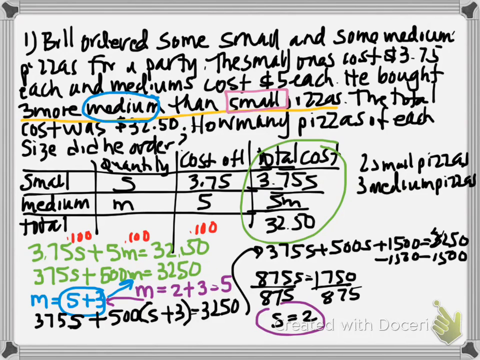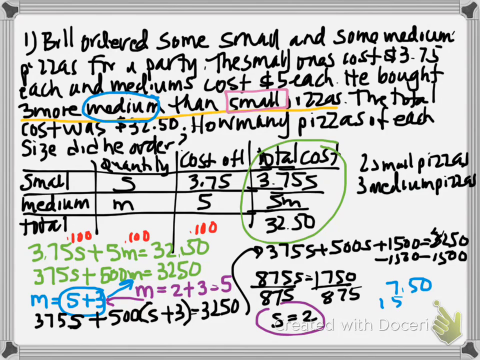And you can always check by plugging it back into the equation about cost. If you take 2 times 3.75, well, 75 twice is $1.50, and then 3 twice is 6, so that's a total of $7.50. Oh, I wrote down the wrong number.